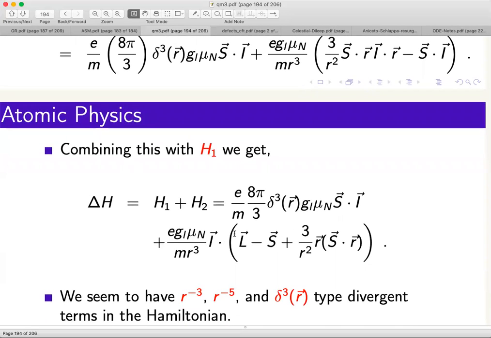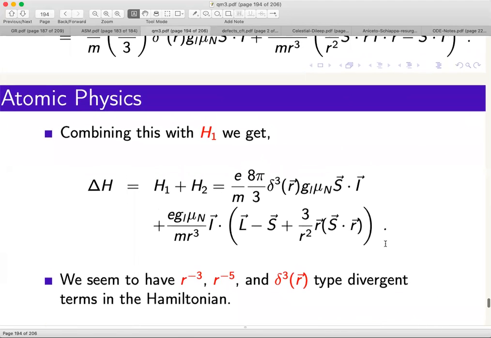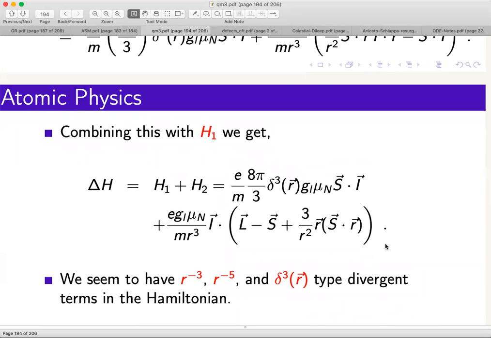Notice that this perturbation Hamiltonian contains a variety of terms. One of them goes as 1 over R cube. Then there's a term which goes as 1 over R to the 5. And then there's a term which goes as a delta function. All these terms seem to be divergent terms in the Hamiltonian, and you may ask the question: how come, with such divergent terms, we get finite answers? And might this badly affect the electronic energy levels?